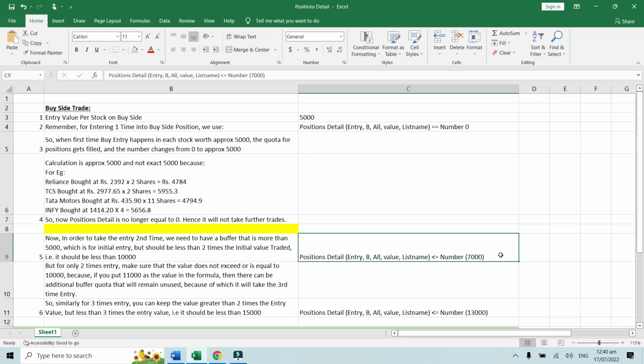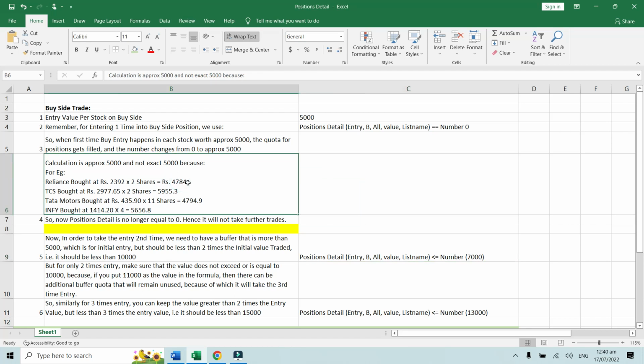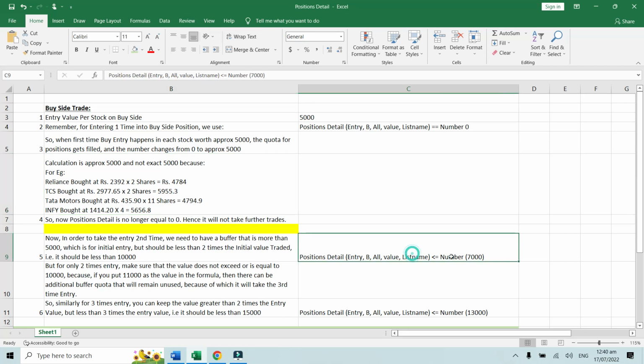So that is the reason why it will go for the entry the second time. But it will again buy entry worth 5,000 only. And when this second entry gets filled, the positions detail will change from 4,700 to 2 times, around say 9,000, which is greater than 7,000, and after that it will not take the next entry.